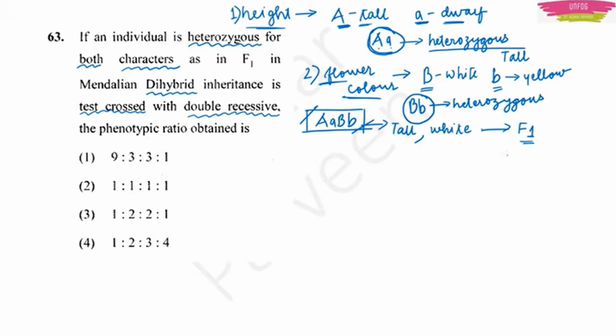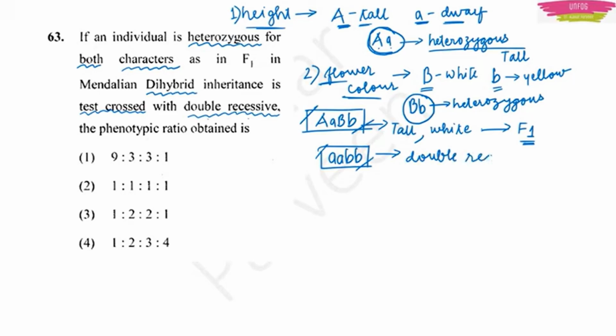But if we are crossing this F1 generation with a double recessive individual, double means twice present and recessive means small letters, so we denote it as small a, small a, small b, small b. This becomes the double recessive individual.